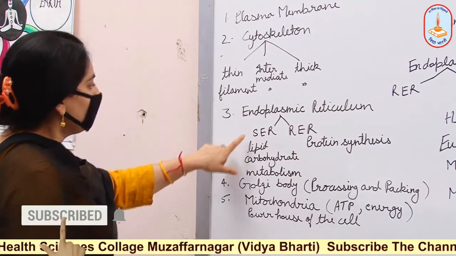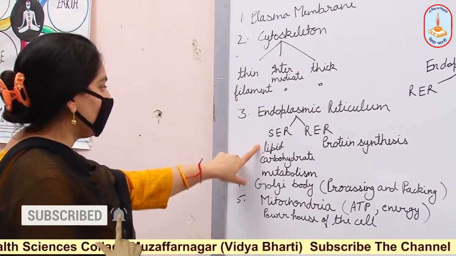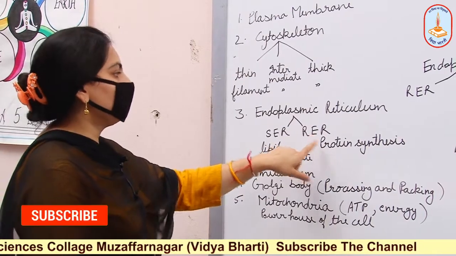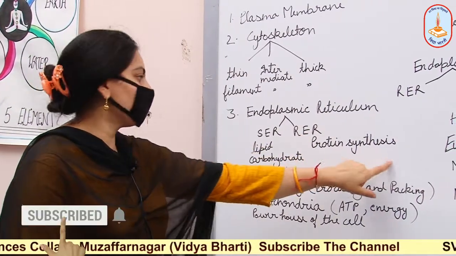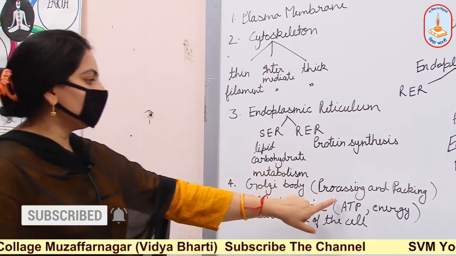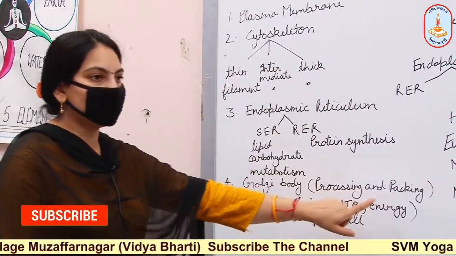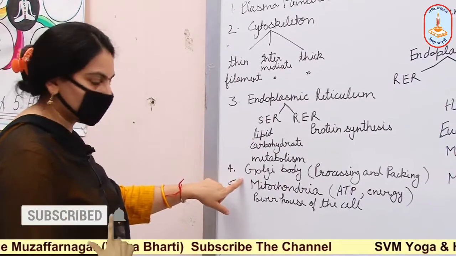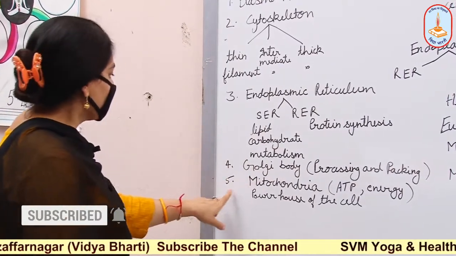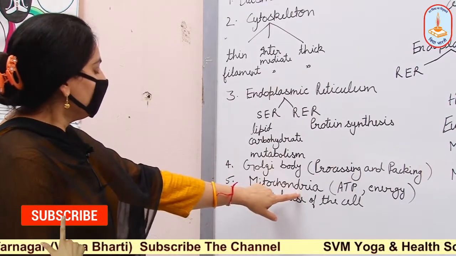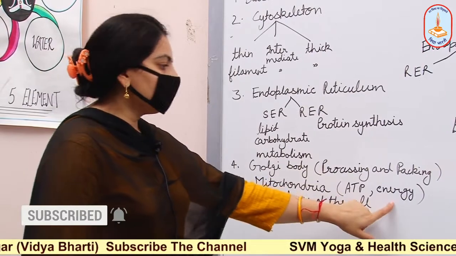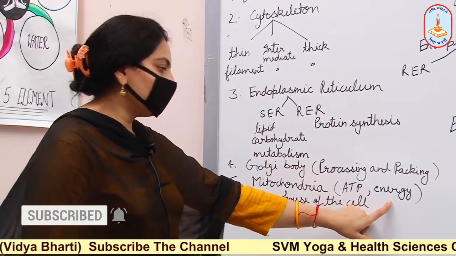As we know, smooth endoplasmic reticulum helps in lipid and carbohydrate metabolism, and rough endoplasmic reticulum helps in protein synthesis. Fourth is the Golgi body, that helps in processing and packing of material that is harmful for us, to remove outside of the cell. Now next is mitochondria, that helps in the formation of ATP and it gives us energy by metabolic activities.